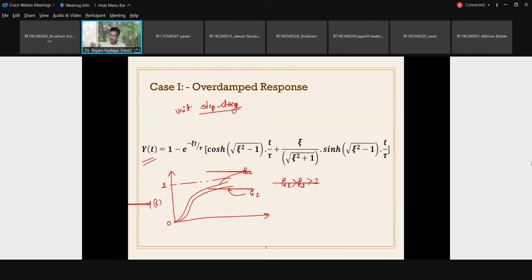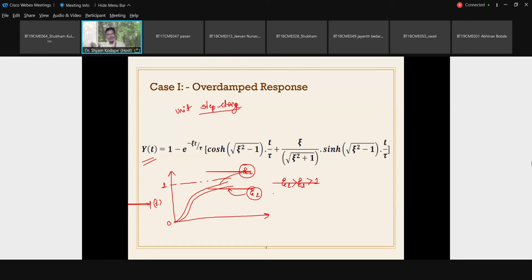So the larger the damping factor, the more sluggish the response. Agree? Is this clear? It is just comparing the thing.